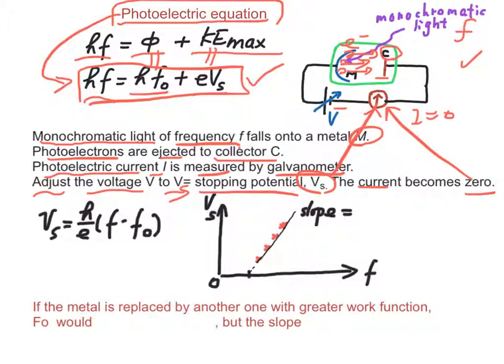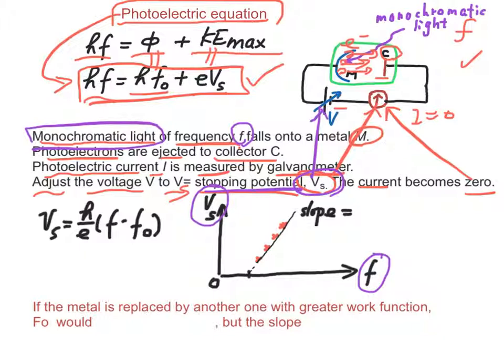The experiment is repeated using another monochromatic light of different frequency f, and the corresponding stopping potential Vs is measured. By plotting the graph of stopping potential against frequency f, we obtain a straight line.